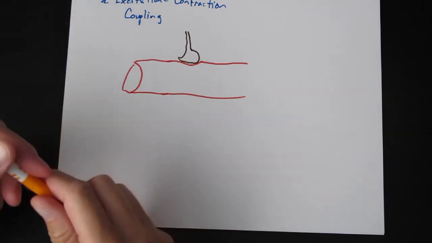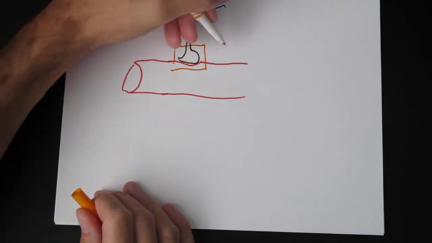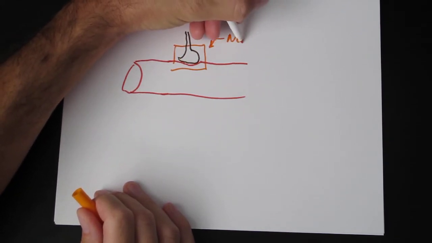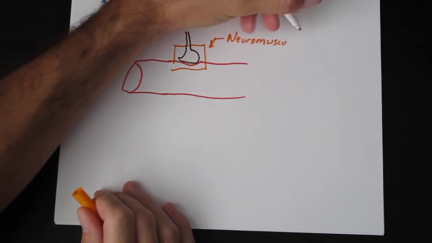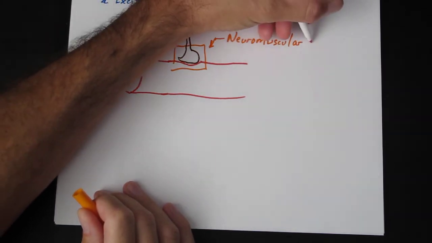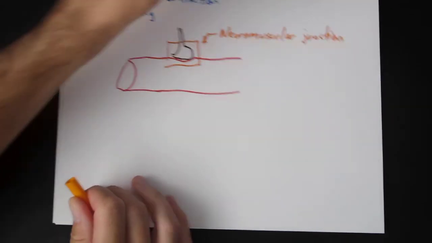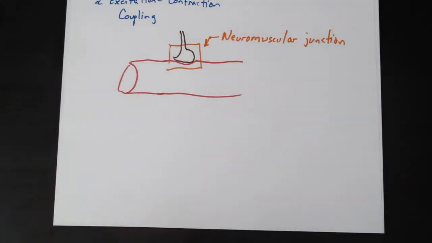Everything that we just looked at on the previous slide is what I've shown right here, right? So this is our neuromuscular junction. Okay, and this is the space or place where we depolarize the muscle cell.